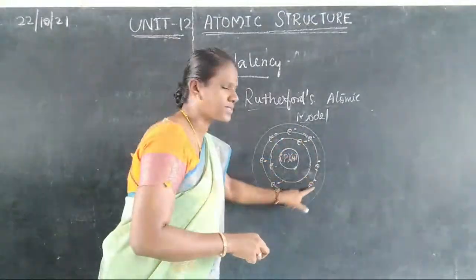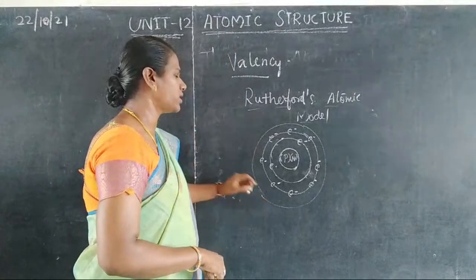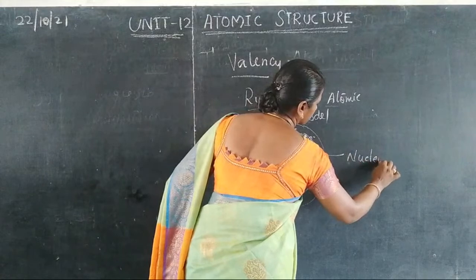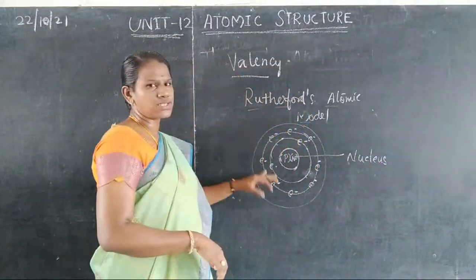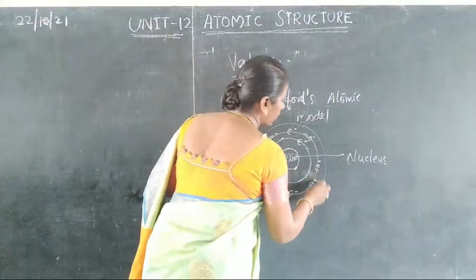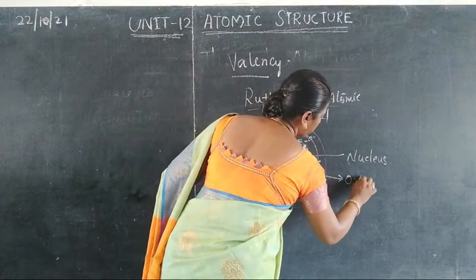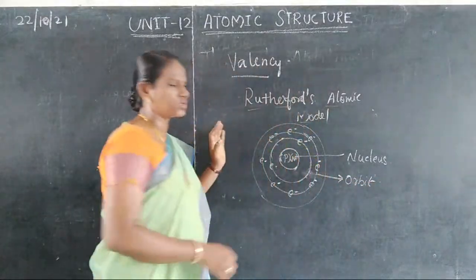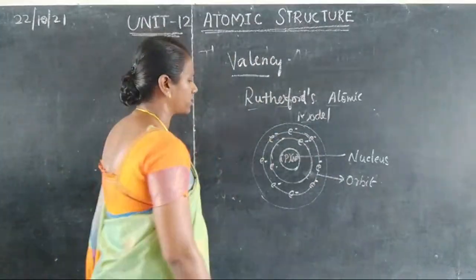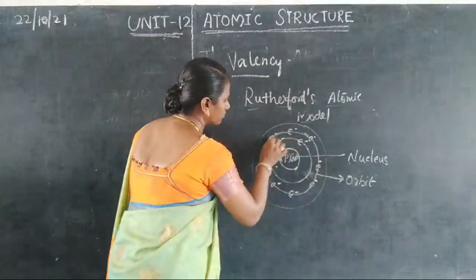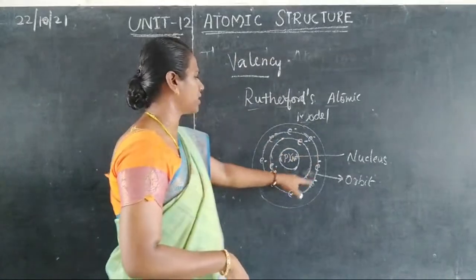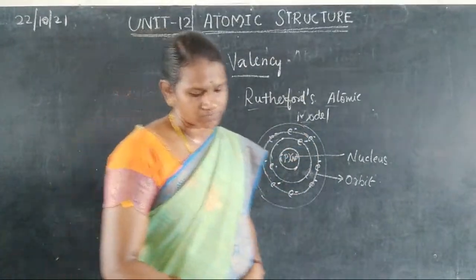This circular path is called an orbit. So this is the nucleus, in which there are protons and neutrons, and the electrons are revolving in an orbit around the nucleus.